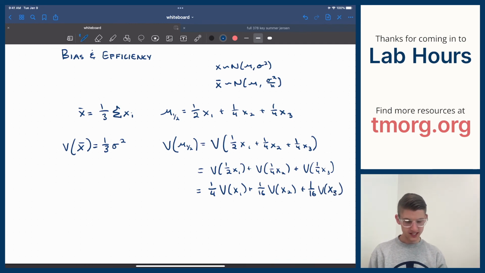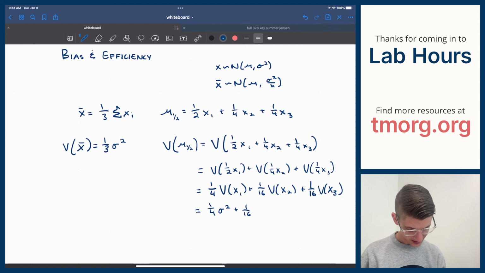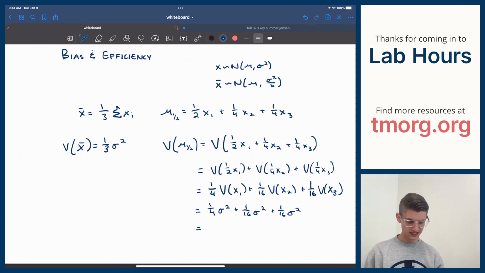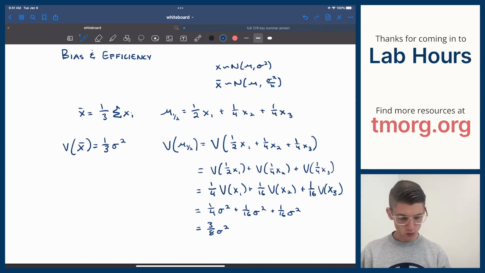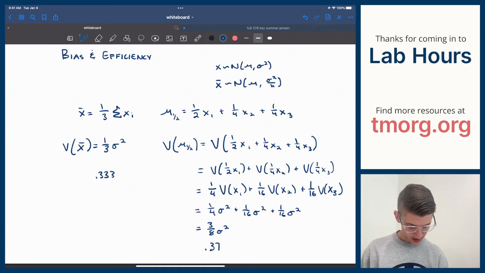What are the variances of x1, x2, and x3? Well, they're x's, so their variance is sigma squared. So that turns into 1/4 sigma squared plus 1/16 sigma squared plus 1/16 sigma squared, which is equal to 6/16 or 3/8 sigma squared. And then the question is, which of these is bigger? 1/3 is 0.333. 3/8 is 0.375.